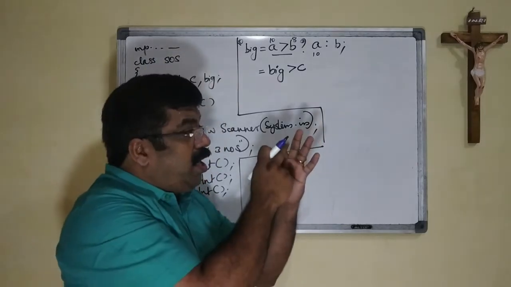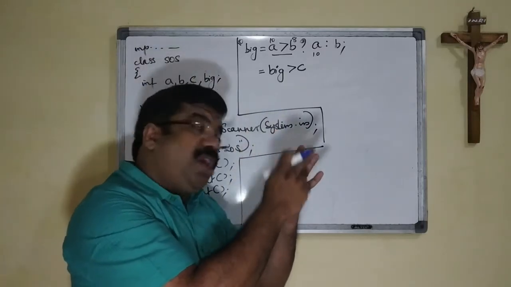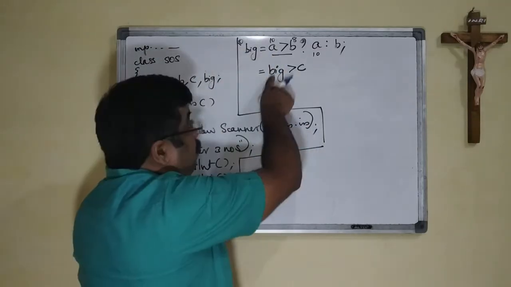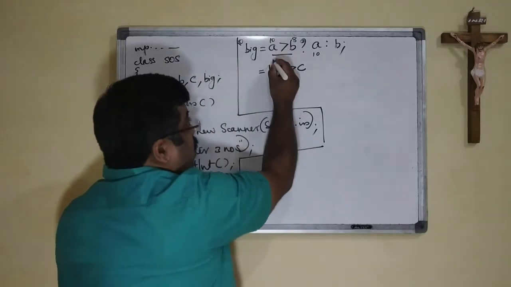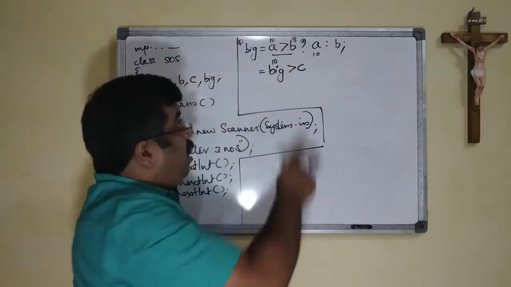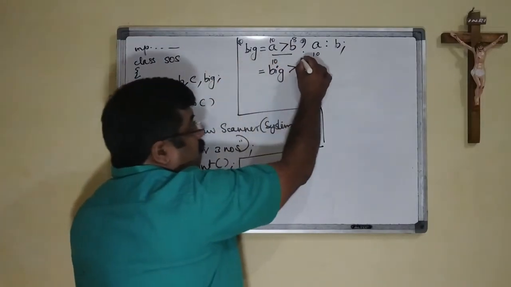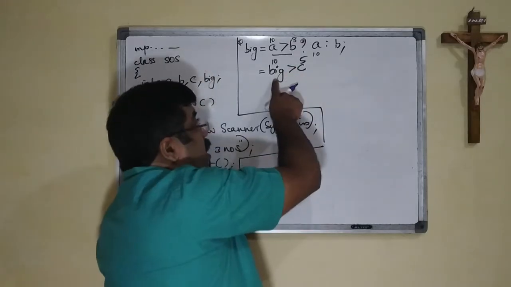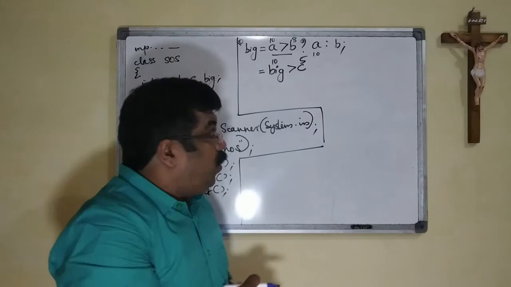You can see here A, B, C. A greater than B, we saw here. Big greater than C. What is the big? 10. And what is the C? C is 5. 10 greater than 5 condition is true.